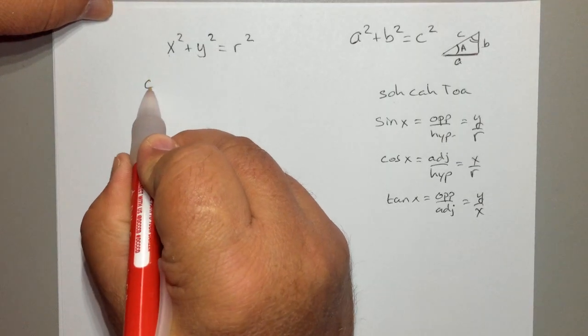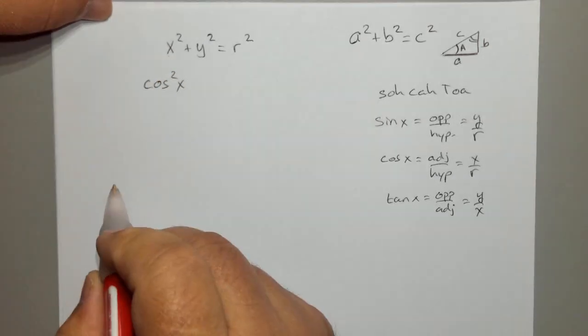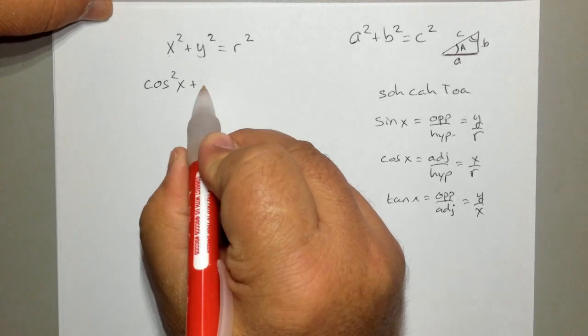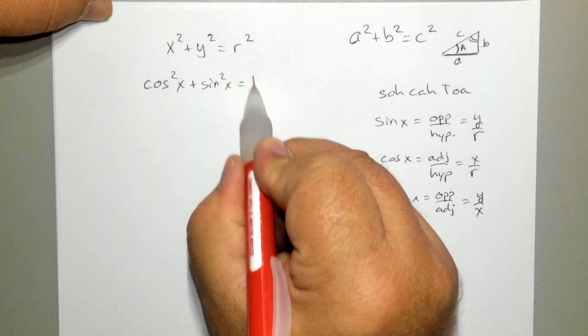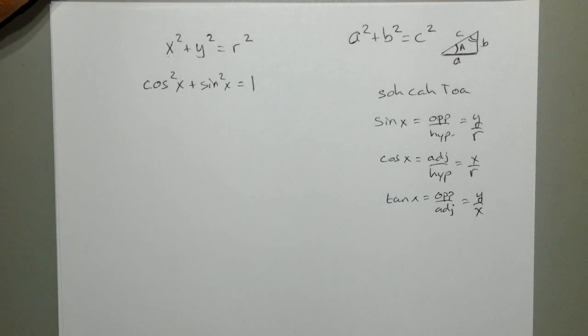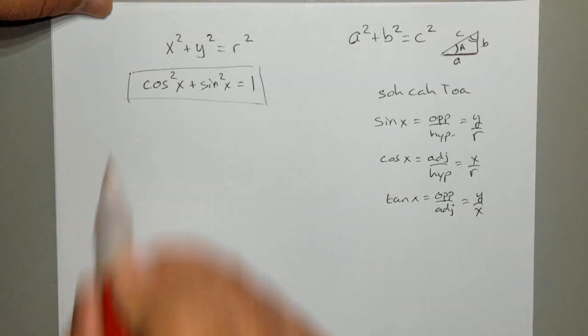Well, we know that the cosine is the x value, so it's cosine squared. The sine is the y value, and the radius of our unit circle is 1. So this is our first trigonometric identity.